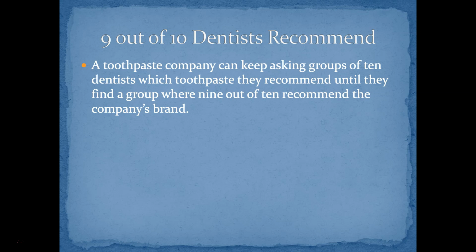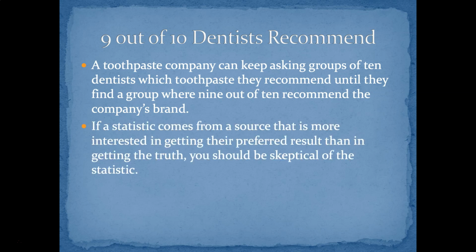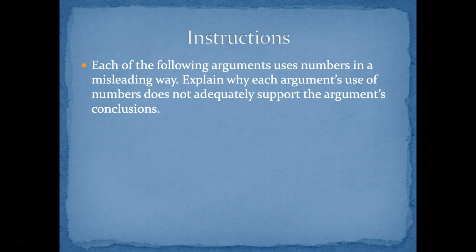A toothpaste company can keep asking groups of 10 dentists which toothpaste they recommend until they find a group where 9 out of 10 recommend the company's brand. Pretty good trick, huh? If a statistic comes from a source that's more interested in getting their preferred result than in getting the truth, you should be skeptical of the statistic.